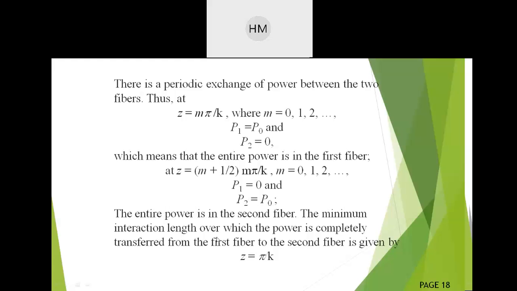The minimum interaction length over which the power is completely transferred from the first fiber to the second fiber is given by Z is equal to pi by K. M को हटा दिया, that is the periodic exchange. This is the integer value. On this integer value, this will be shifted. कभी P0 P1 पे मिलेगा, कभी P0 तुम्हें P2 पे मिलेगा. So entire power will be launched first in the first fiber, then in the second fiber, and this will be periodic exchange. Clear, students?